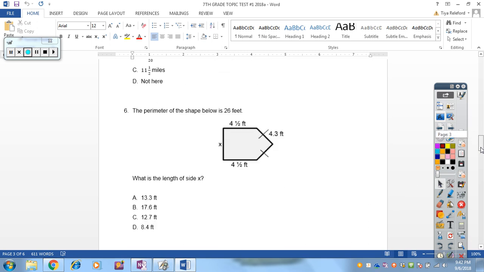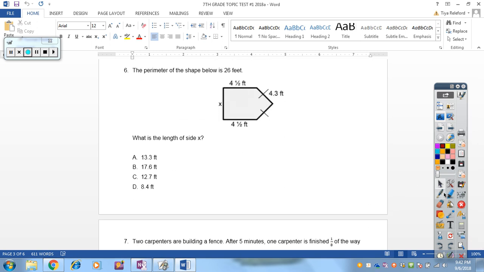All right, number 6. The perimeter of the shape below is 26 feet. Perimeter, what does that mean? Yeah, well, you're on your computer, so you just Google the word perimeter.